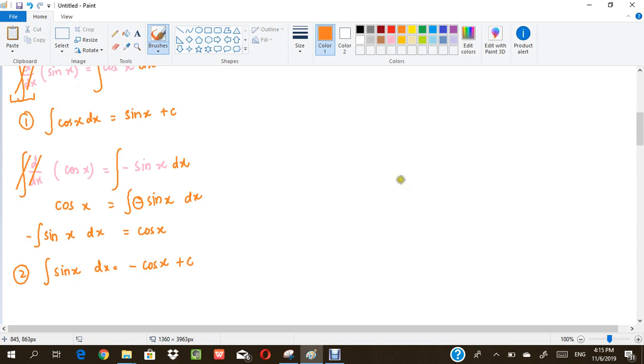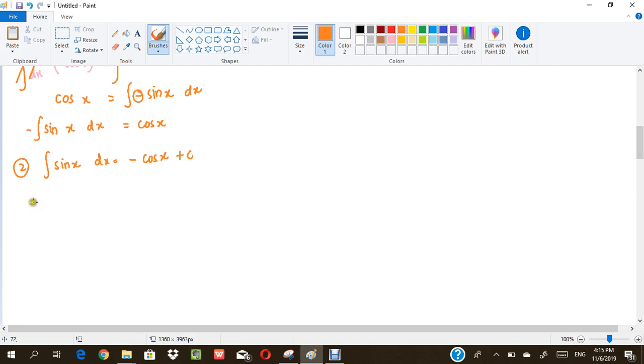The third formula. We know that the derivative of tan x is sec squared x. So essentially, if we reverse the differentiation, we are going to get the integral of sec squared x dx as tan x add c.